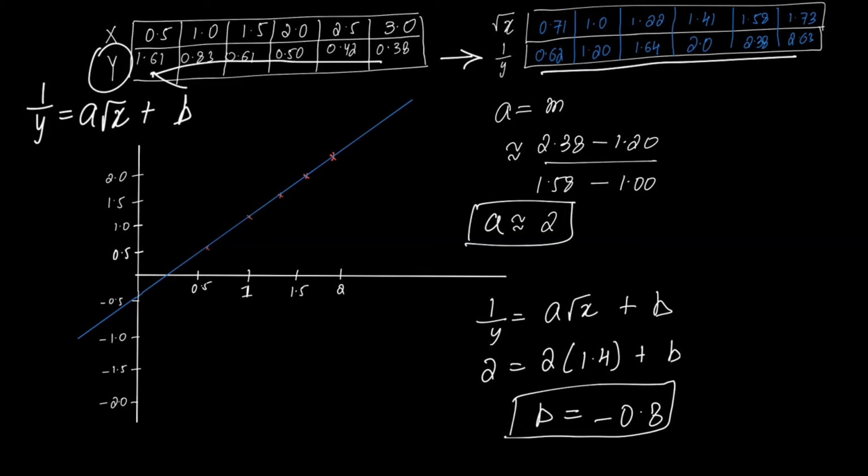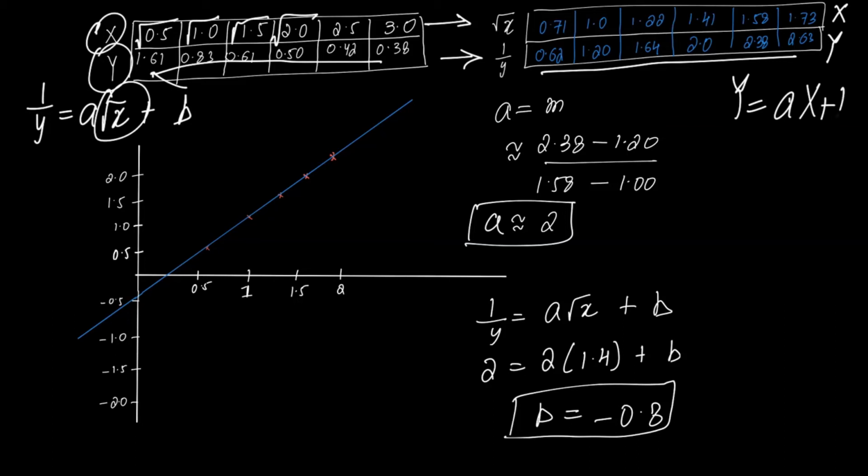Now because we need root x instead of x, we will root all of these values. We will root each and every one of them, and we'll put the answers in root x. Now we will assume this is y and this is x, and we will put it into the equation. Once we plot this, we can find the y-intercept and we can find the gradient.